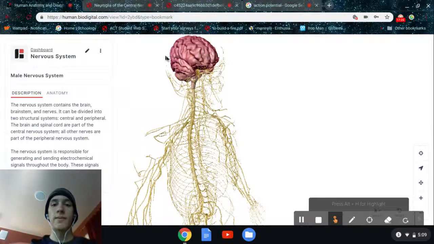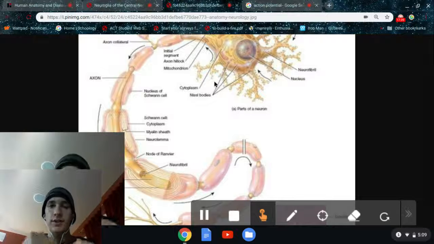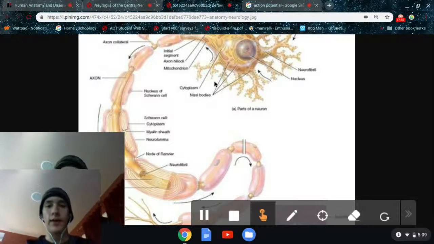So basically up here and a little bit down here are oligodendrocytes, and everywhere else it's myelinated by Schwann cells. When nervous tissue is not myelinated, it's a little darker because myelin is really white, and it's called gray matter. When it's myelinated, it's called white matter. So gray matter, white matter.